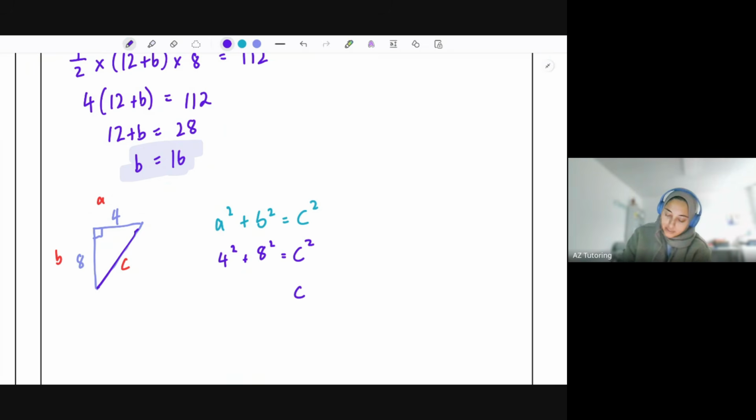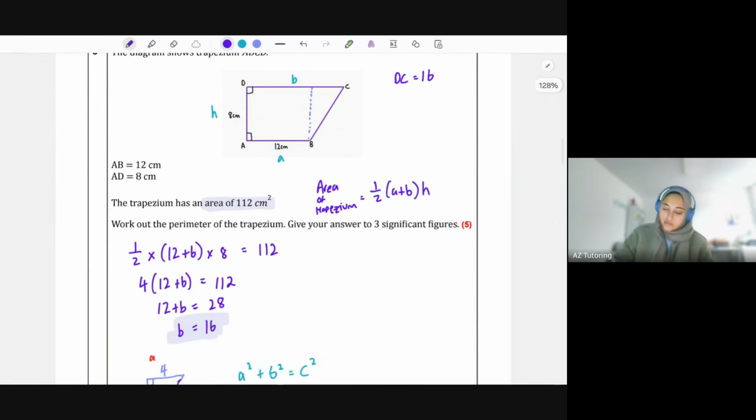So to get c by itself, I'm going to square root my answer. And what I get is the square root of 4 squared plus 8 squared is 4 root 5. Okay, so I have now found this side here. So I'll just say BC equals 4 root 5.